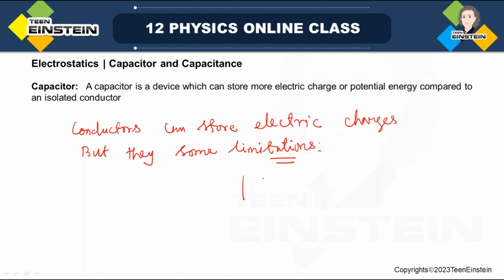We generally use a pair of conductors and a medium between them, which is called a dielectric medium, or insulating medium. So two conducting plates, and in between there will be some dielectric material. This combination will help you store charges as you like.